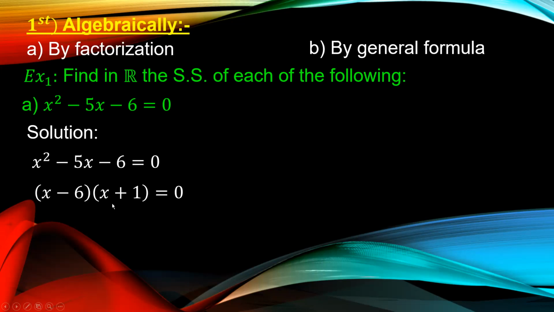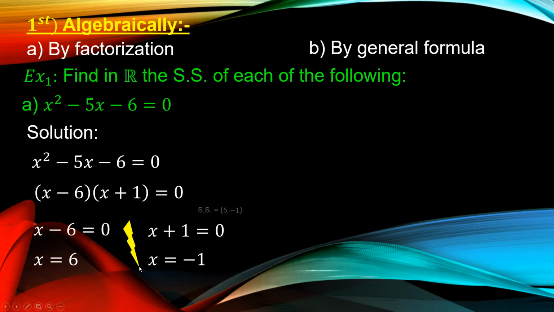Here, x minus 6 times x plus 1 equals 0. Then x minus 6 equals 0 and x plus 1 equals 0. Here, x equals 6 and here x equals negative 1. Then the solution set is the set of 6 and negative 1.